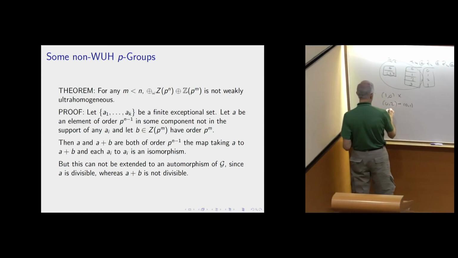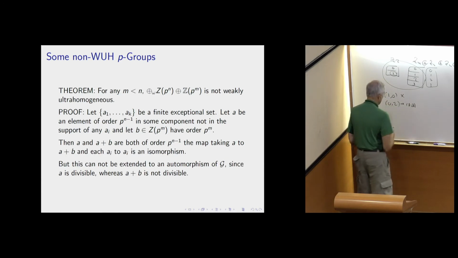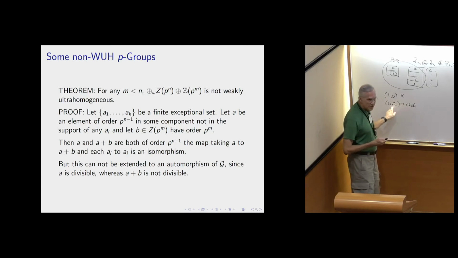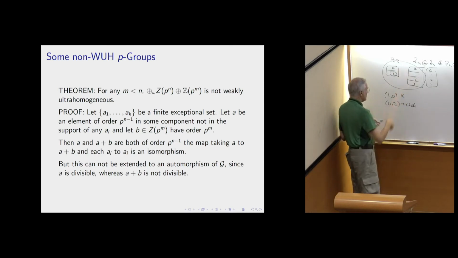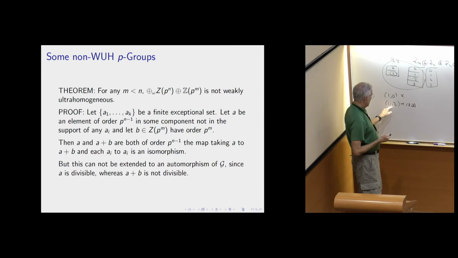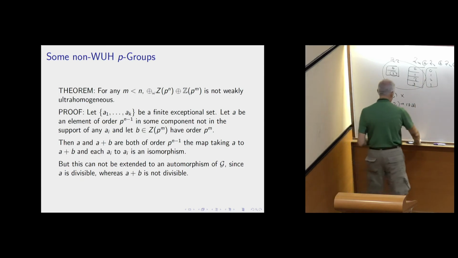So you can look at the elements 0, 2 and 1, 2. Both have order 2. The 0, 2 is divisible, and the other one is not divisible. So in this piece you can just map these, leave the 1, 0 alone, and have the identity everywhere else, essentially. Just do this little trick here.